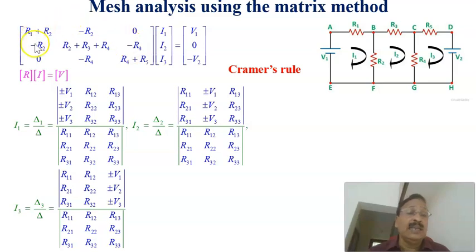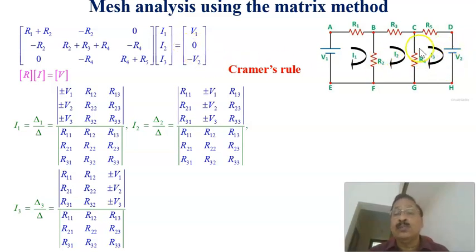And like that, we can complete this square matrix, the resistance matrix, and this is the column matrix of the mesh currents I1, I2, I3, and the voltages. In the first mesh, the current is in a clockwise direction. Therefore, the current is entering minus and leaving plus, that is a potential rise. That is why it is plus V1. Here there is no voltage source, that is why it is 0.